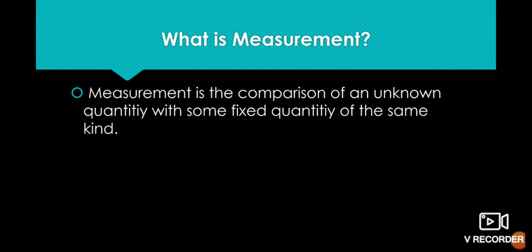So, what does the shopkeeper do? He takes the cloth, which is the unknown quantity, and then he takes out a meter scale and he then measures this unknown cloth using the help of the meter scale and then cuts 1 meter of the cloth.